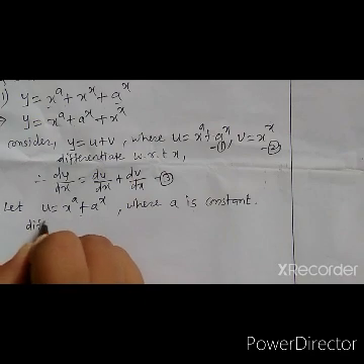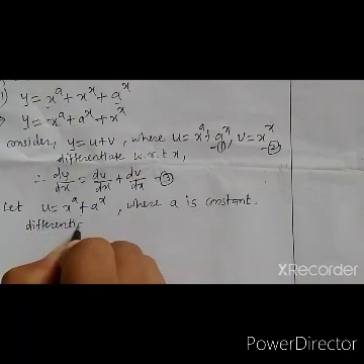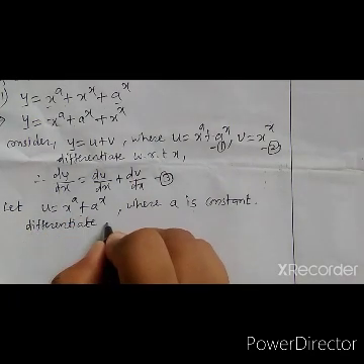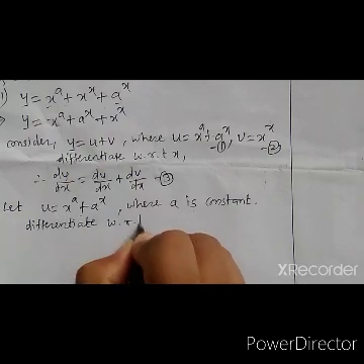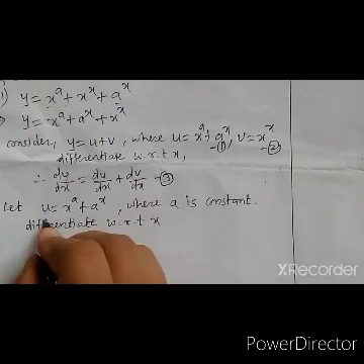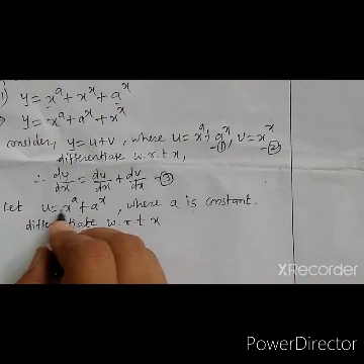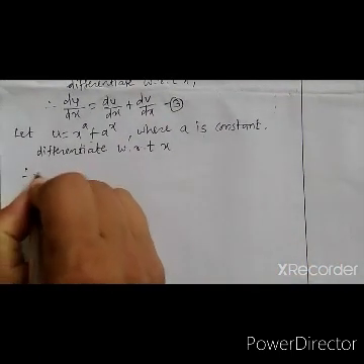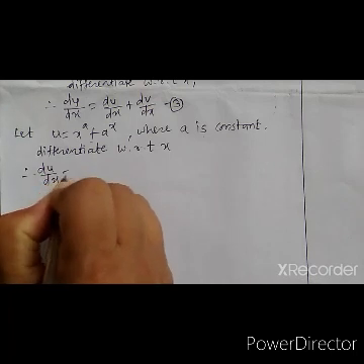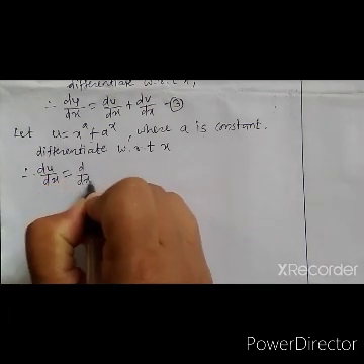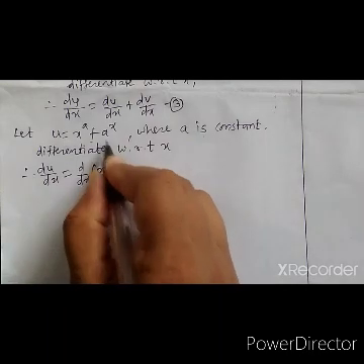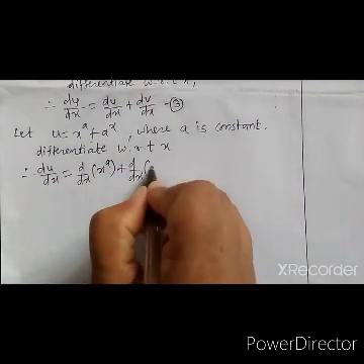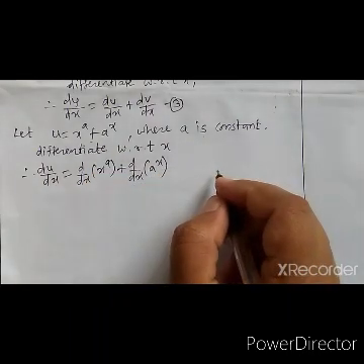Now differentiate u with respect to x, because u is a differentiable function with respect to x. Therefore du by dx is equal to d by dx of x raised to a plus d by dx of a raised to x.